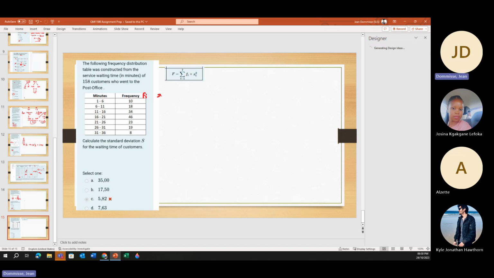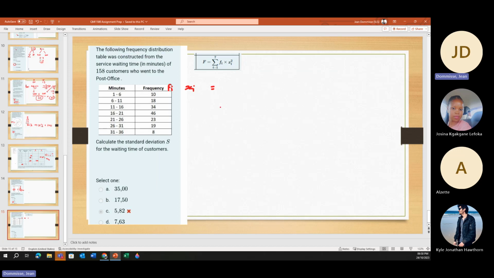I would have said, let's get a midpoint, and then let's work out that. And then for all of them, we sum it. But then we still need to square root. So probably my answer would have been something like option A.